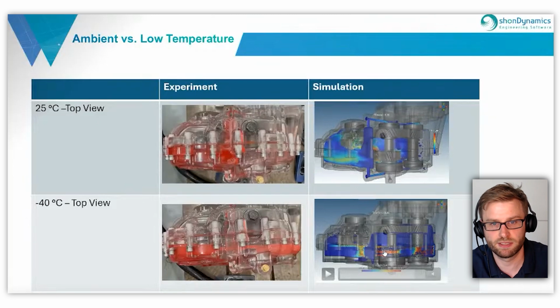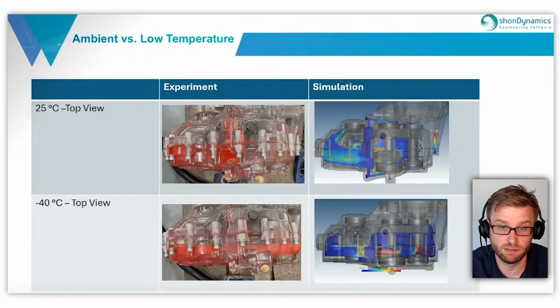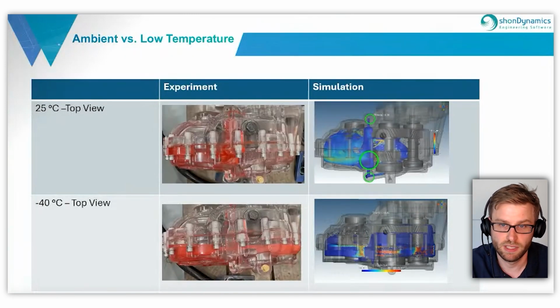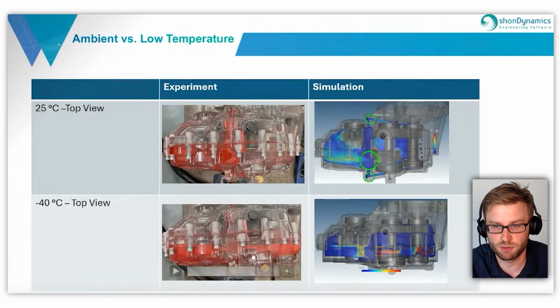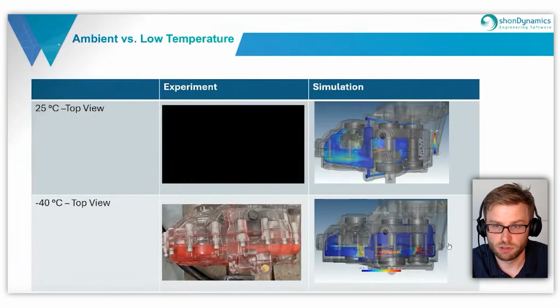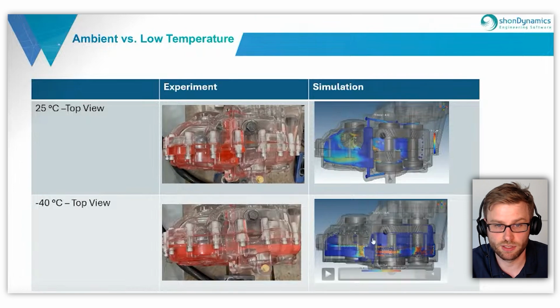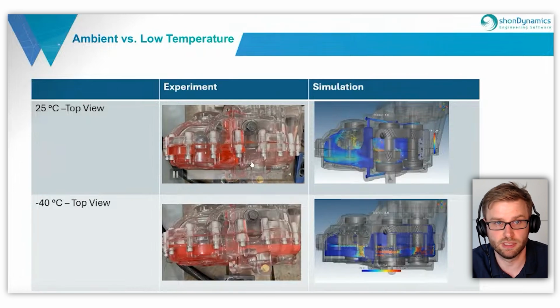So this is how shonDy is able to properly calculate the distribution of lubricants in a gearbox in different situations, like extreme conditions such as minus 40 degrees or at normal temperature. And in both cases, we get good results in simulation compared to the experiment.